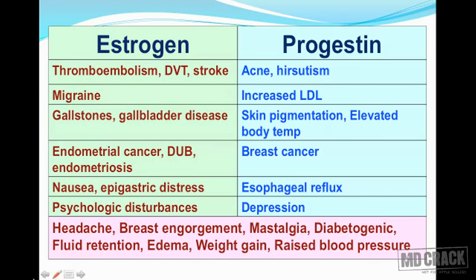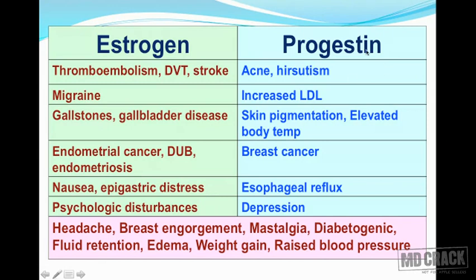Estrogens: thromboembolism, deep vein thrombosis and stroke, then migraine, gallstones and gallbladder disease. As far as the uterus is concerned, endometrial cancer, dysfunctional uterine bleeding and endometriosis. Then a characteristic adverse effect of nausea and epigastric distress and psychological disturbances.